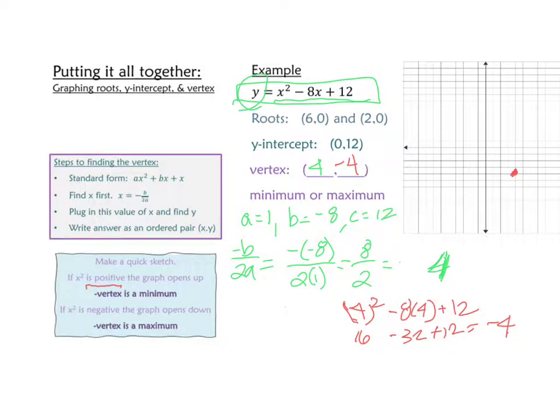Our roots are 6 and 0, 1, 2, 3, 4, 5, 6, and 2 and 0. Our y-intercept is 0, 12: 4, 6, 8, 10, 12. So our parabola looks something like this.